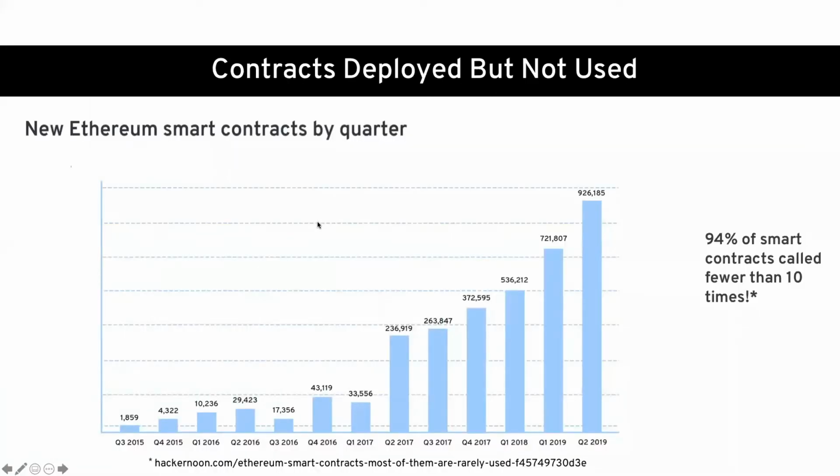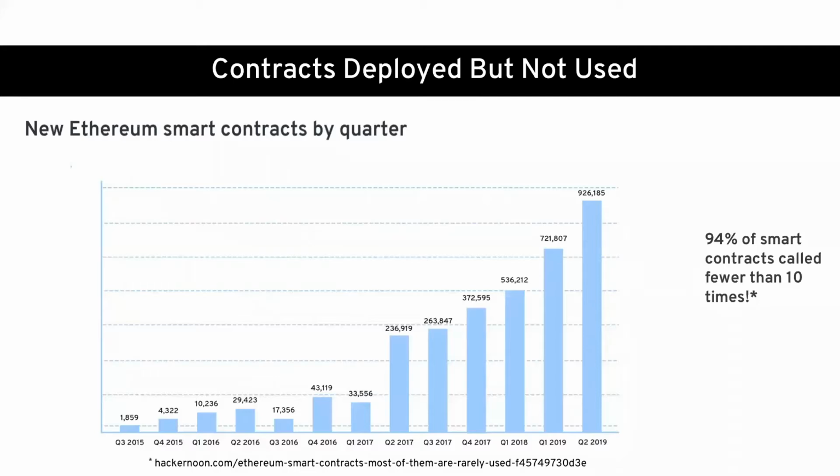We've seen over the past couple of years, particularly from 2017 to 2019, an explosion in the number of smart contracts that have been built and deployed. But the vast majority, almost 95% of these smart contracts, are called fewer than 10 times.